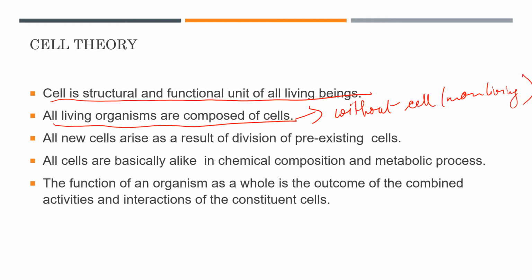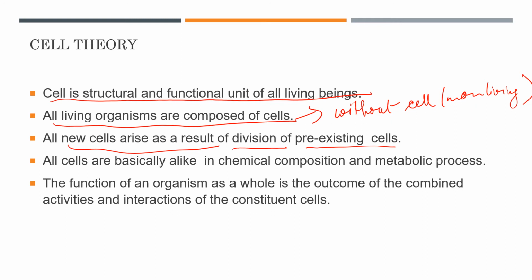All new cells arise as a result of division of the pre-existing cells. So from the pre-existing cells, by cell division, we get the new cells. Now, all cells are basically alike in chemical composition.